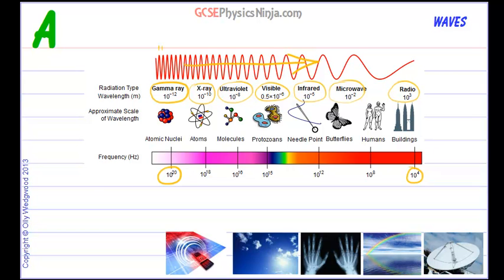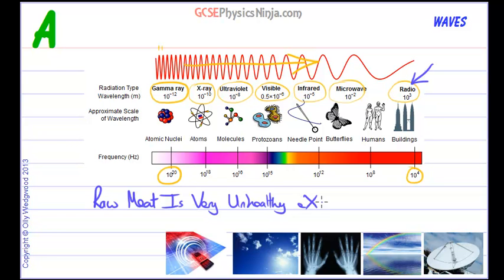Now, here's a little mnemonic which can help you to remember them in order. And we're going to start with radio, so we go backwards. Okay, so it is raw meat is very unhealthy, except giraffe, of course.